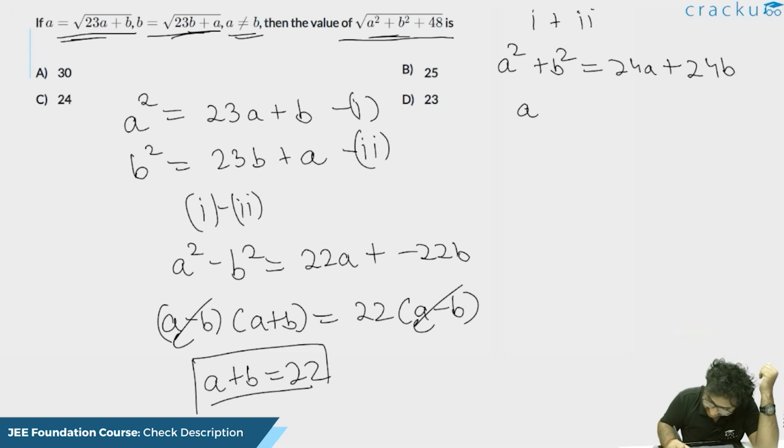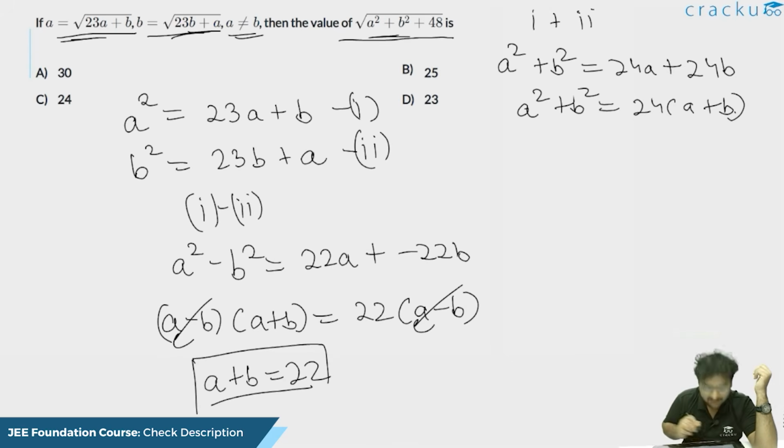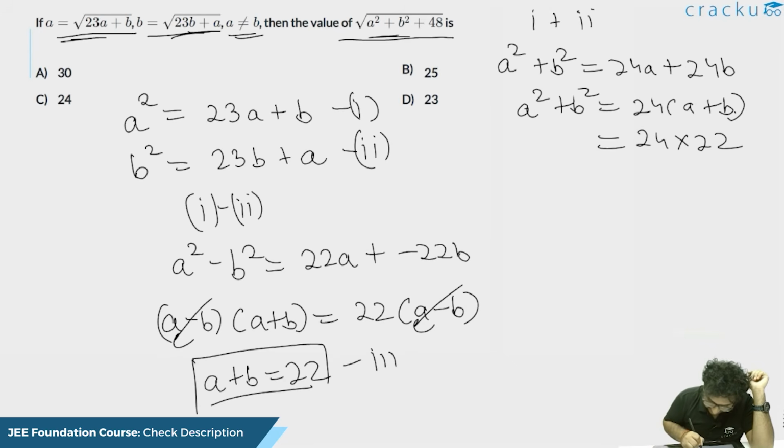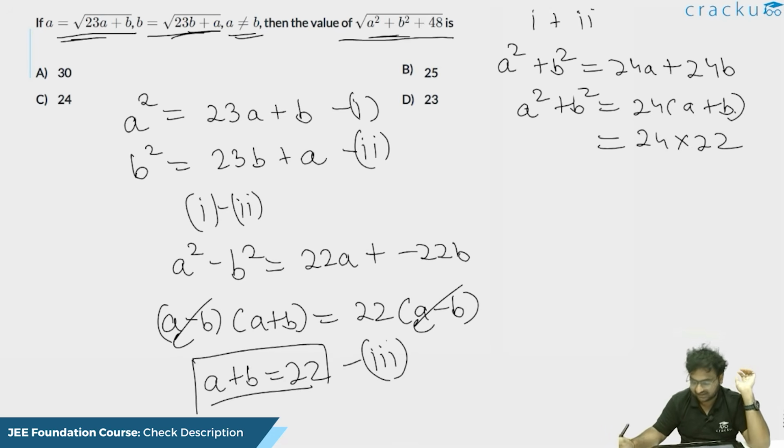So a square plus b square is equal to 24 times a plus b. And we know a plus b is 22. So a square plus b square would be 24 into 22, replacing a plus b from equation 3.